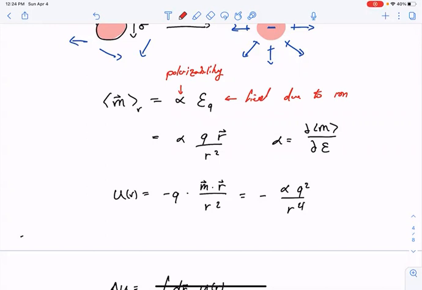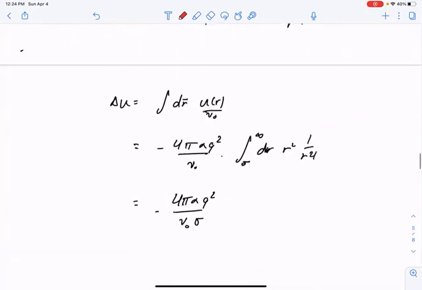The back reactive potential acting on the electron, so the electron self-energy, then is a field dipole energy integrating over that whole space. The energy stored in the dipole field gives us something proportional to q squared, the charge of the ion, and inversely proportional to the size of the ion that the electron is residing in.